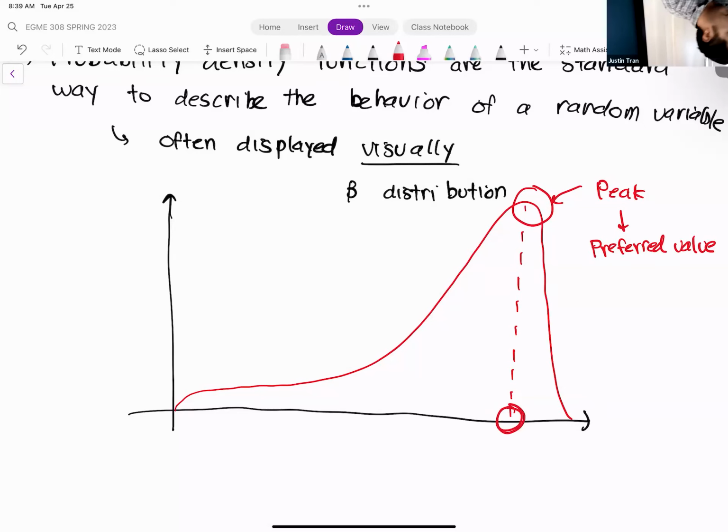The labels for these axes: on the horizontal axis, we have the value of the random variable. And on the vertical axis, we have relative probability.